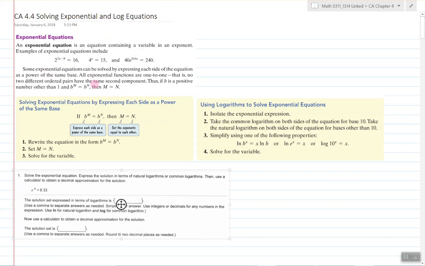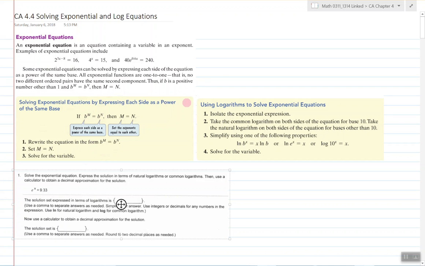That actually is a little rare to get that kind, and I'm not sure that we're going to have any in our exercise. If we do, I'll come back and I'll talk about this, but it is a rather unique way, and it only works if you have the same base or can express each side with the same base.